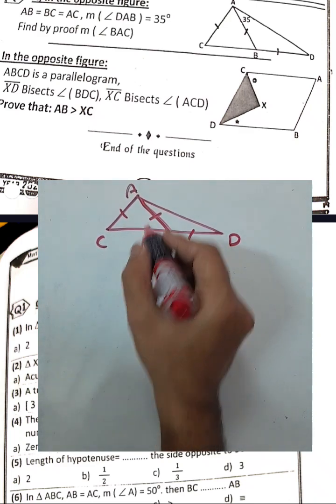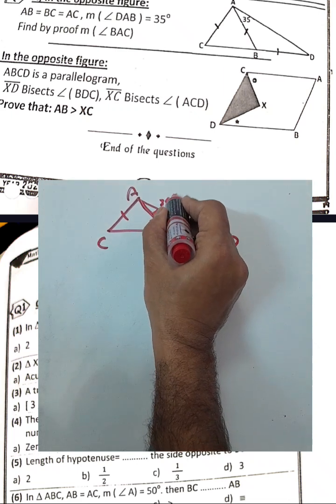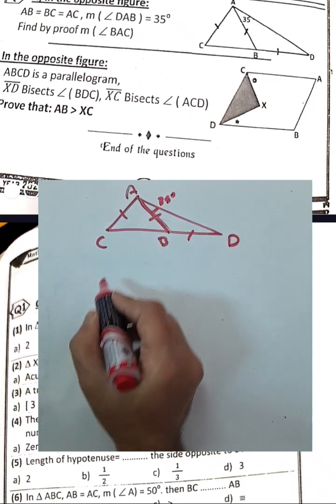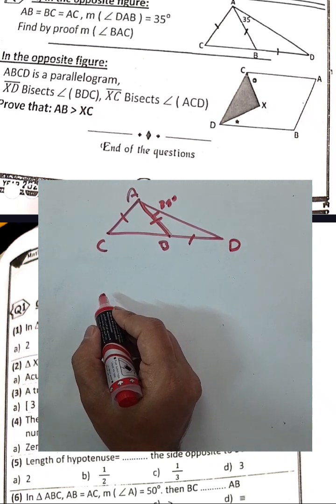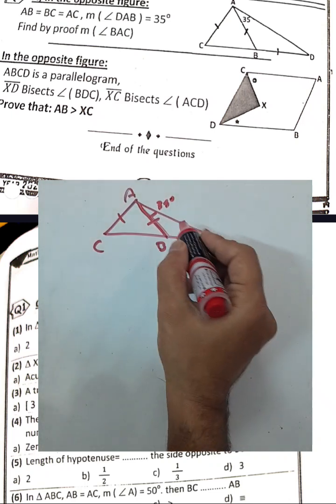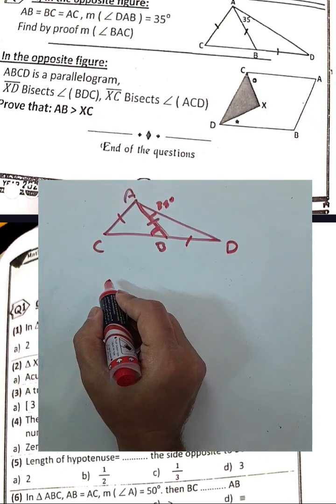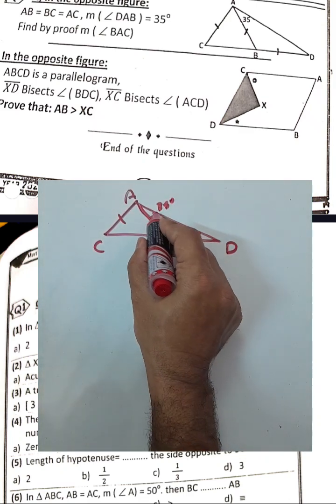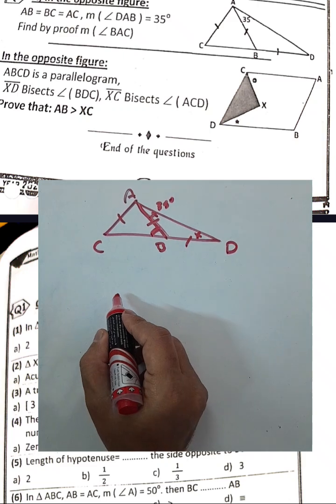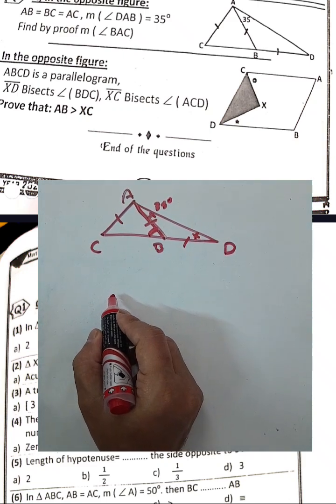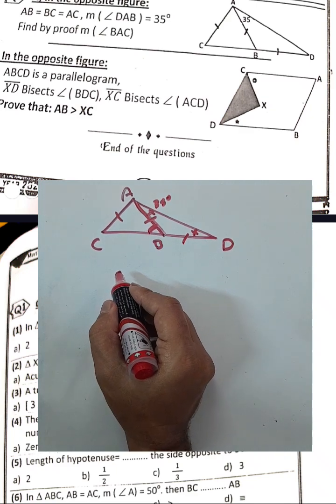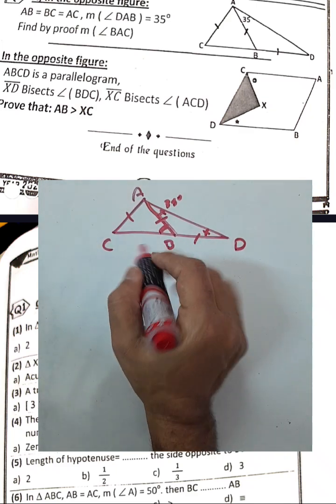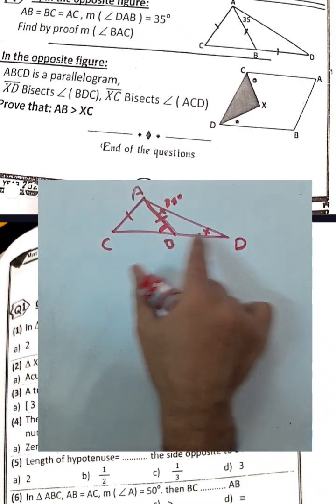This angle was 35 degrees. You want to find the proof, measure of angle ABC. ABC, you want to find this angle. We have an isosceles triangle, then angle A will be equal to angle B. Okay, they are equal in measure, and we have EC equal AB equal BC. It will be 35.